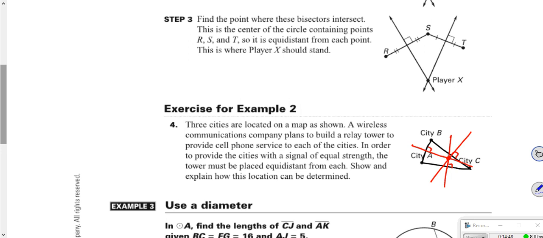So when I said bisector, those two should be equal, those two should be equal, those should be equal. So this right here would be my center. That would be my tower. So again, same explanation as the one right above.